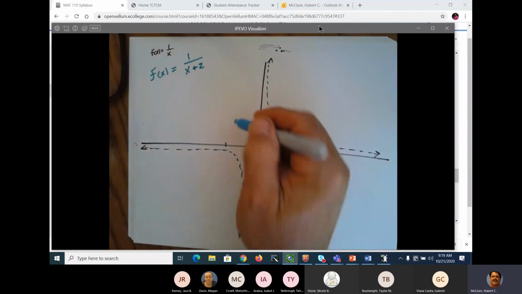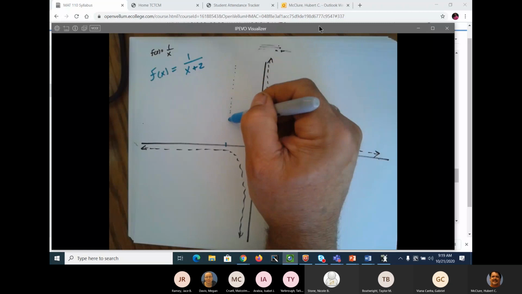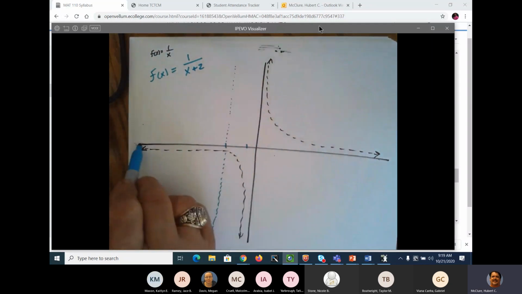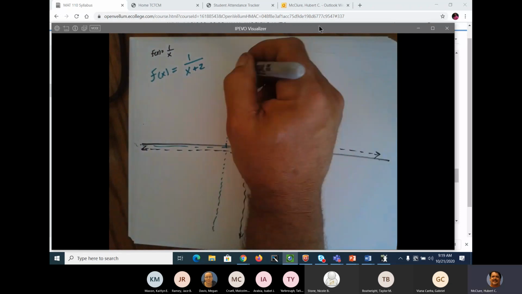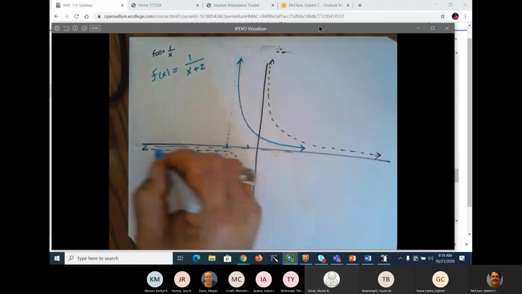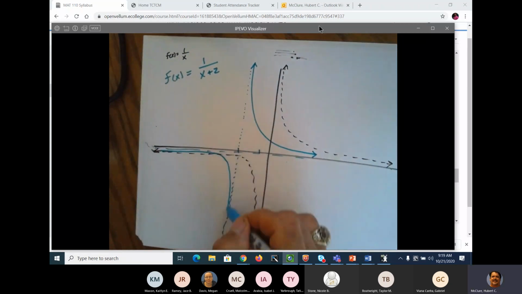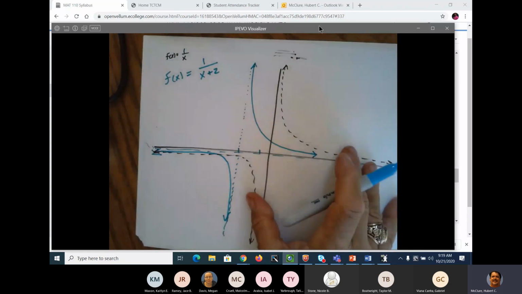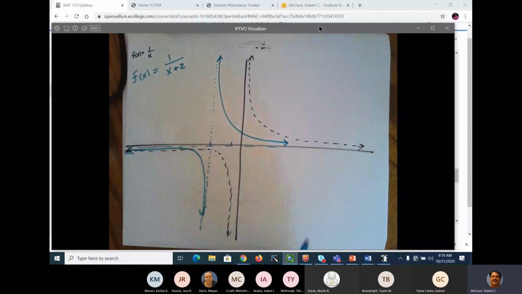So now we've got an imaginary vertical axis here, which is called the vertical asymptote, which we'll get to eventually. And now it's going to look like this. So we just shifted that black one 2 places to the left. And all of you should say, oh yeah, I understand that, just like the parabola and all the other things that we learned.